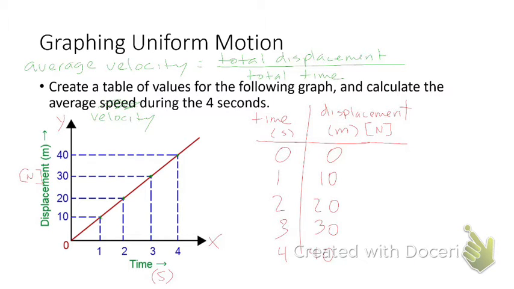Right, so our displacement is 40 meters north, divided by our time interval, which is 4 seconds. So our average velocity is equal to 10 meters per second north. Okay? Good.